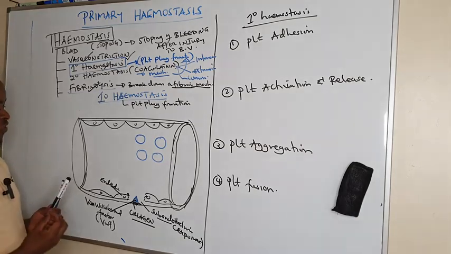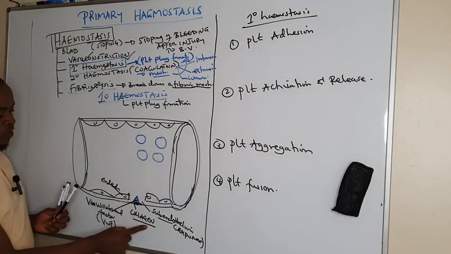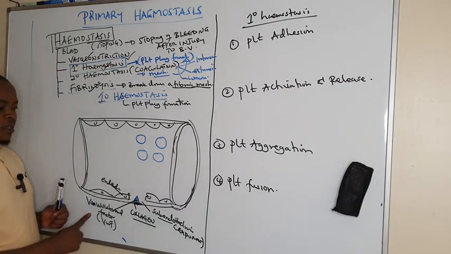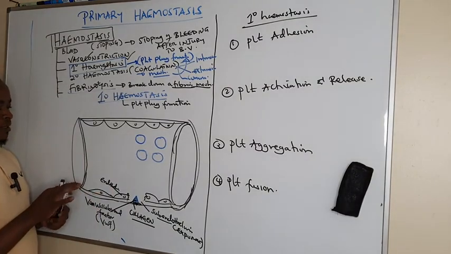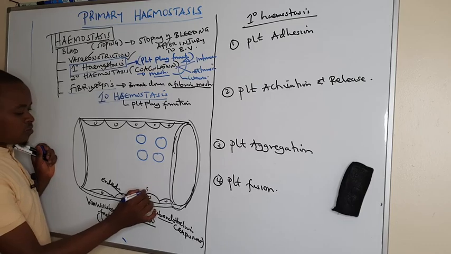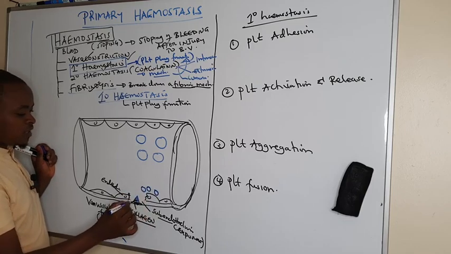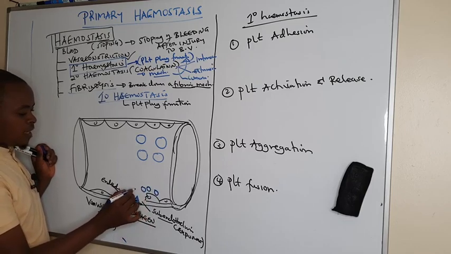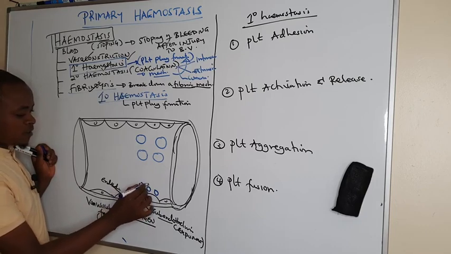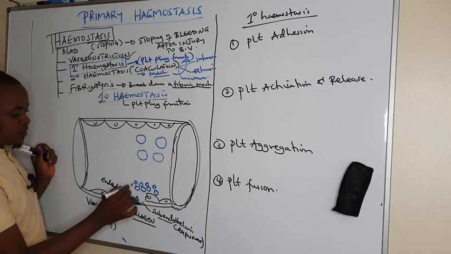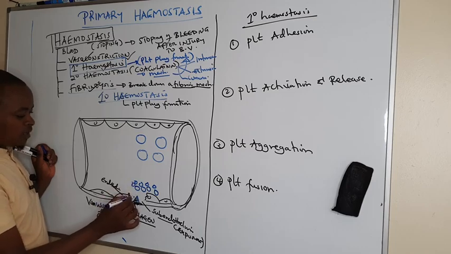And after vasoconstriction, once the collagen and von Willebrand factor are exposed, the platelets which are present are going to start moving towards the injured site. When they move towards the injured site, by chemotaxis, they are going to come and attach.